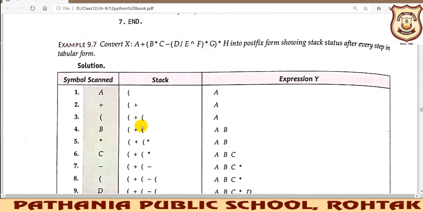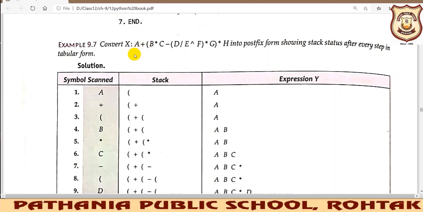So for that beta we need to draw this table, and whatever symbols, the operands or the operators or the brackets that you can see inside this given expression, you need to write here.